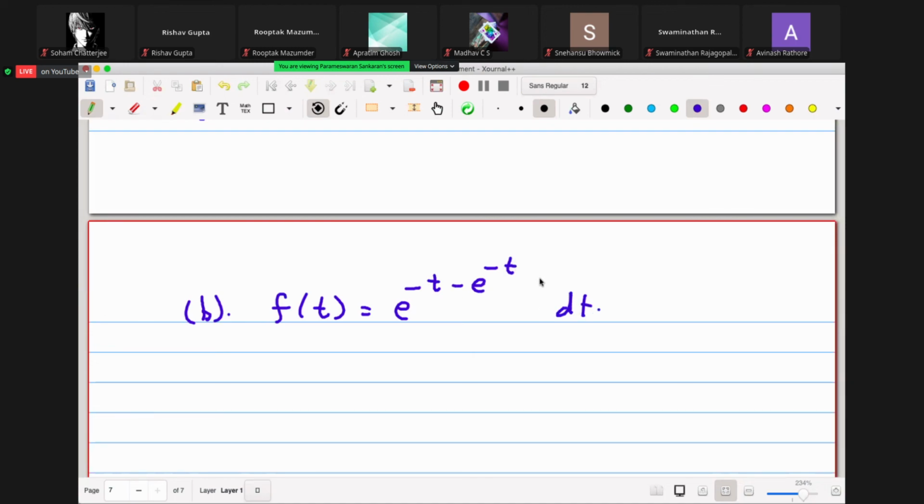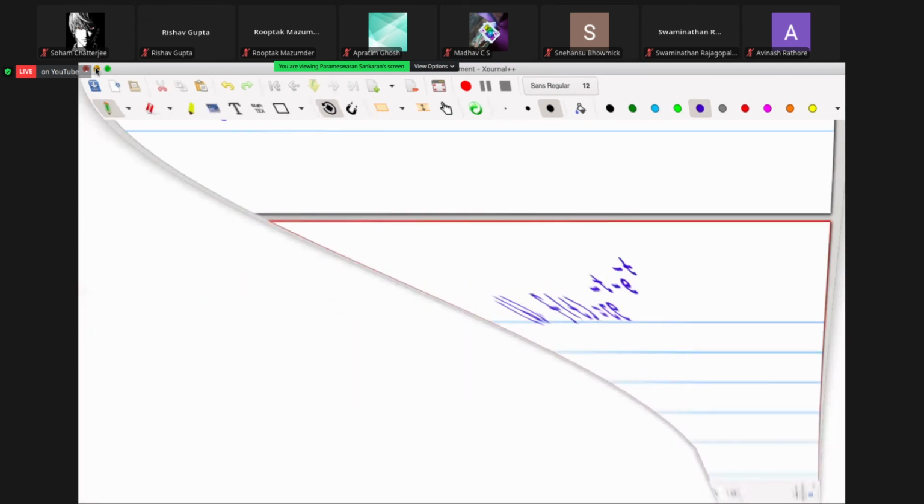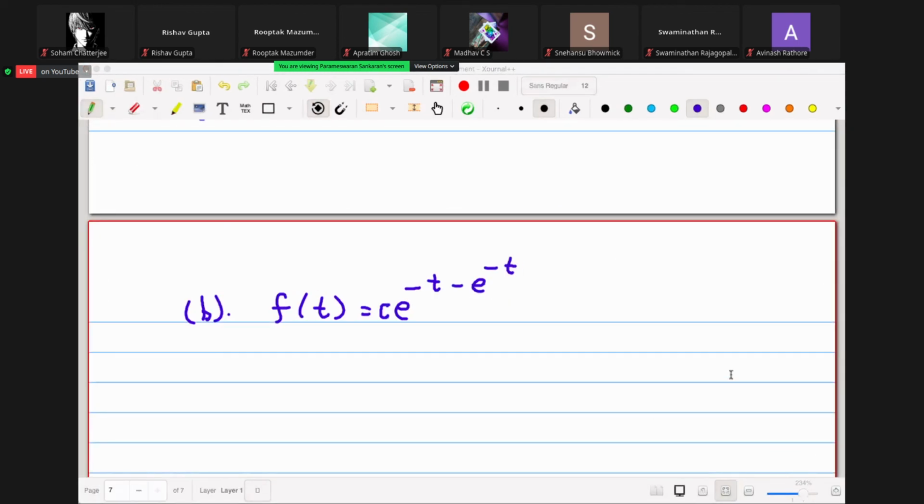Sorry, I am always used to writing density along with dt. And you need to determine the value of c. Just let me see if I have written that correctly. Yeah, that's correct. What I have written down is correct.